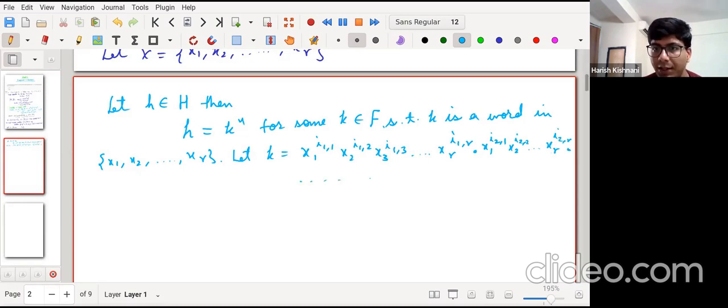This sequence will end at some point, because in words we are considering finite sequences only. So again x1^(i_{t,1}) x2^(i_{t,2}), and so on to xr^(i_{t,r}).